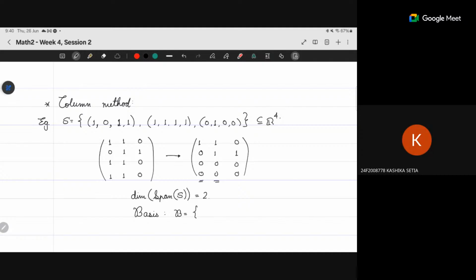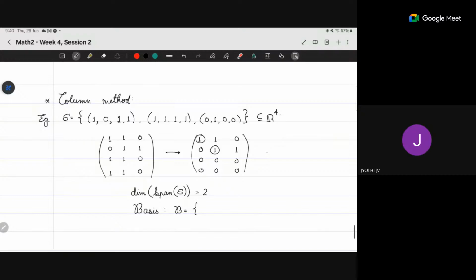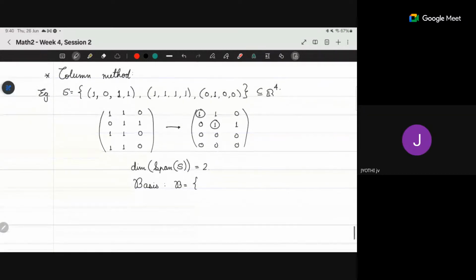So what we do over here in the column method is look at the pivots. The pivots are in which columns? First and second. So we consider V1 and V2, and that will be a basis. So what is V1? My first vector was 1, 0, 1, 1. Second one was 1, 1, 1, 1.